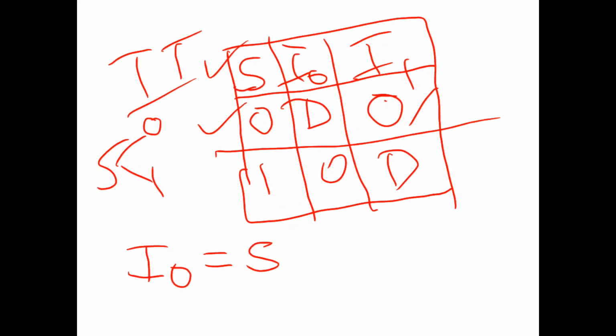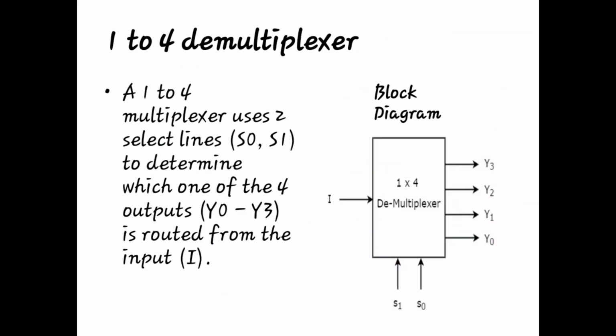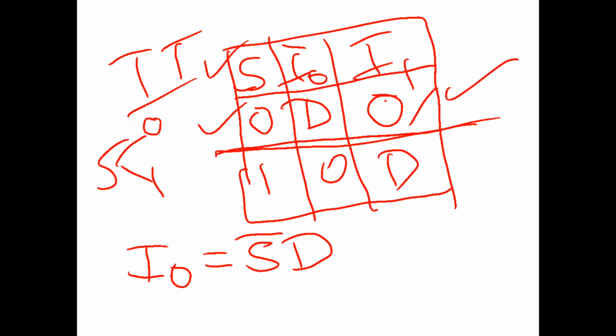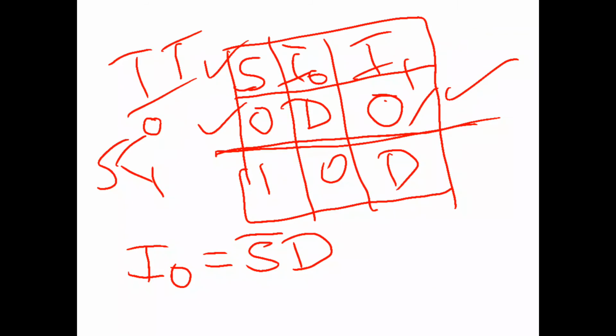With respect to the first row, we will have S bar D. You can see the output line with respect to this row will be I0.